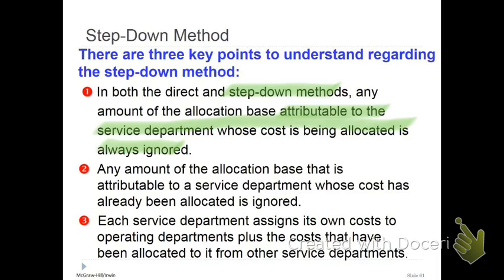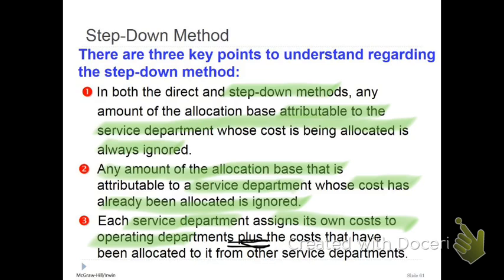And any allocation that's attributable to the service department whose cost has been already allocated is ignored. So there's not going to be any give-backs, if you will. And notice the service department assigns its own costs to the operating departments, plus the costs that have been allocated to it from the other service department.